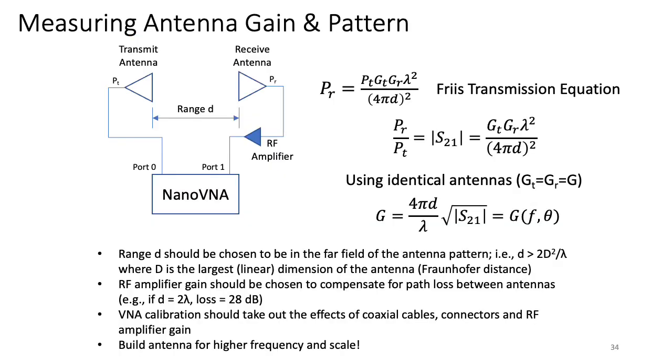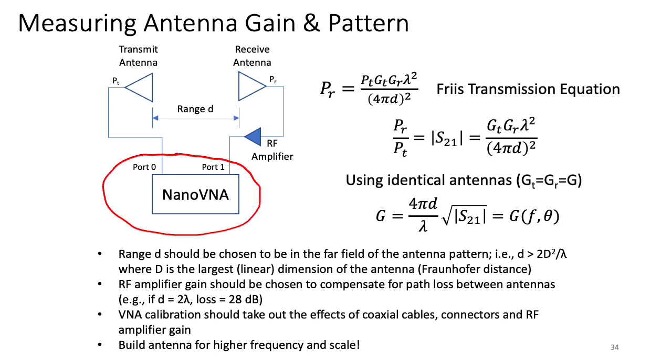Okay, I mentioned earlier that not only can we measure things such as SWR and impedances, but we also can measure antenna gain and pattern. Well, this is a little bit more complex, but it's something that is doable at the higher operational frequencies. So let's say I've got a NanoVNA. I've got two ports, port 0 and port 1.